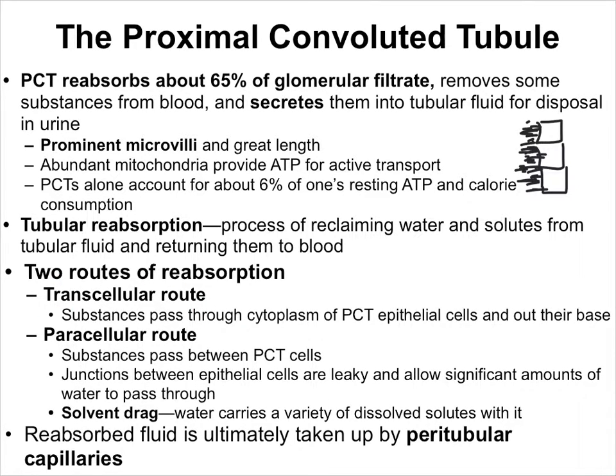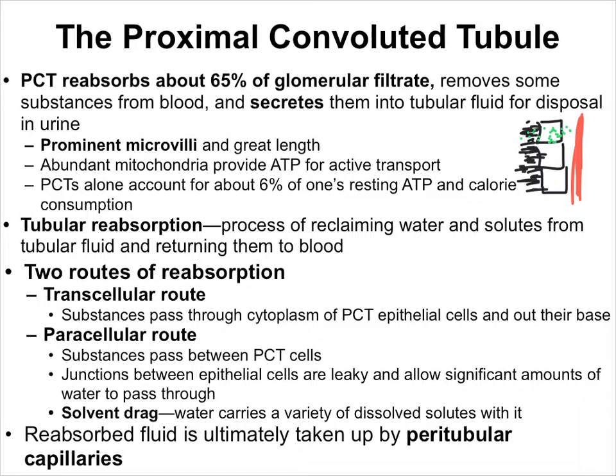In the transcellular route, your solutes, which I'm going to do here in green, are going to get absorbed into the cells and then through the cells into the blood beyond. That's the transcellular route.